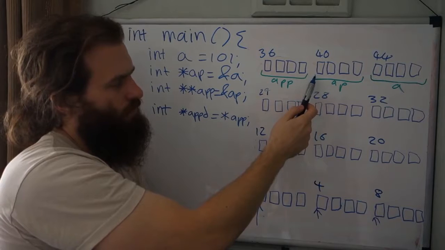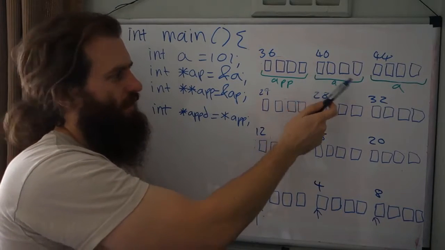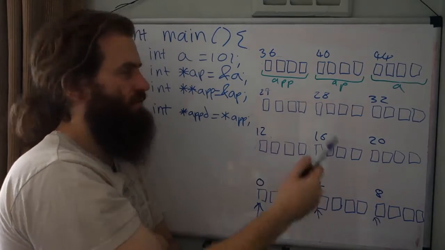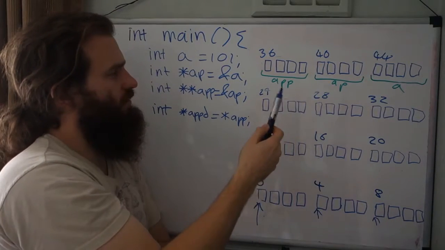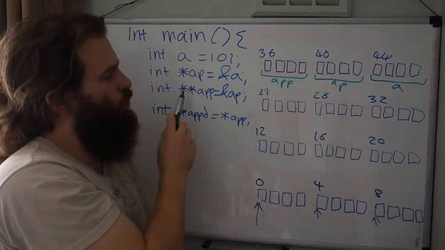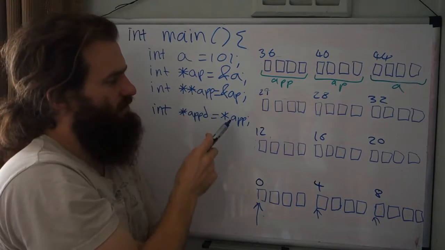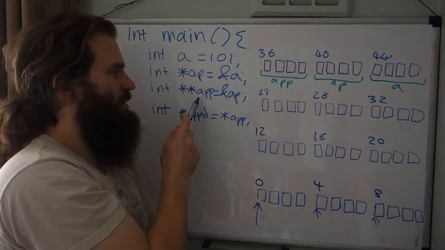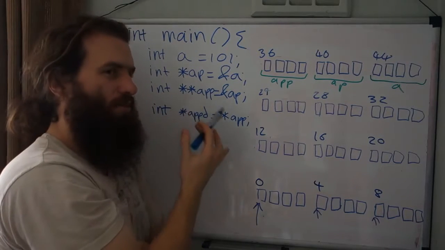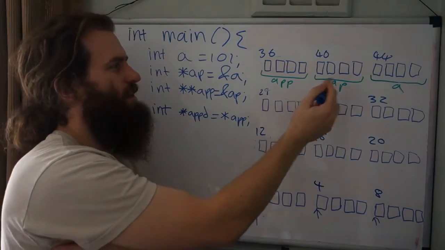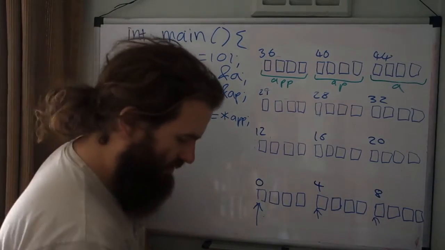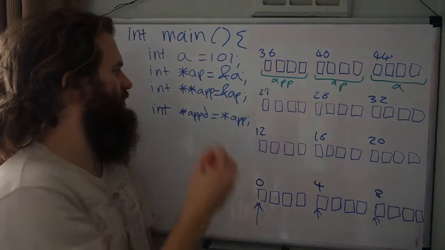Now we need to interpret what's at that memory address, because we're trying to obtain the value that's at that memory address. In order to obtain the value, we need to look at what is the type of the pointer that we're dereferencing. Well, the type is a pointer to a pointer, which means that the type that we want to return, i.e. the value of this, is everything to the left of this asterisk.